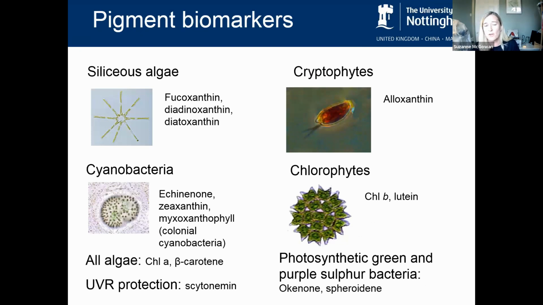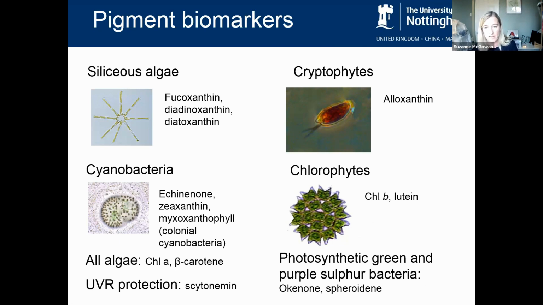Very usefully, pigments are biomarkers for specific types of phototrophs. You can use them as biomarkers for siliceous algae, so diatoms and chrysophytes, for cyanobacteria, for cryptophytes and chlorophytes. So we can tell quite a lot about coarse taxonomic groupings using pigments.